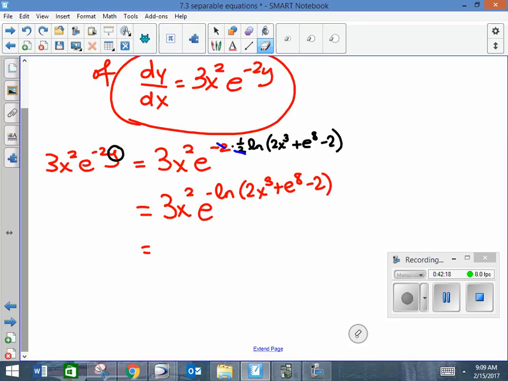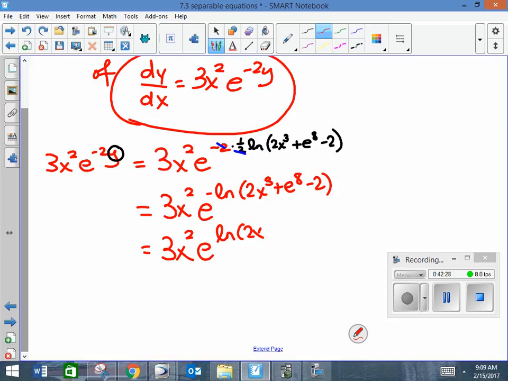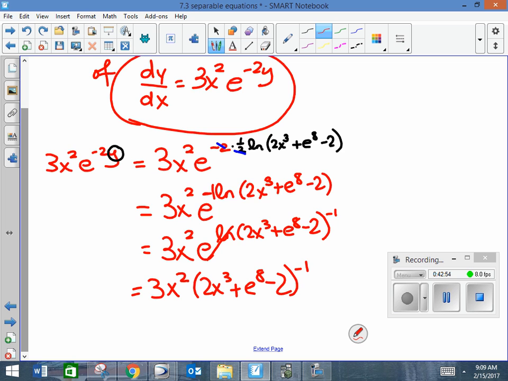Well, technically, here's what you're doing: 2x cubed plus e to the 8th minus 2 to the negative 1 power. Remember, a factor out front is an exponent. Okay? All right, now these will cancel each other. And yes, that's what we'll have, so technically that's what Emma was saying, right?